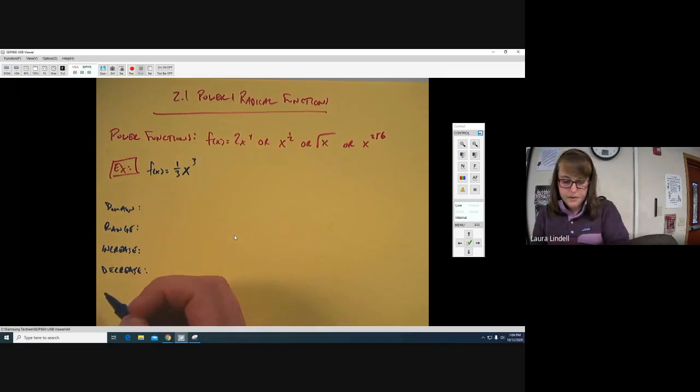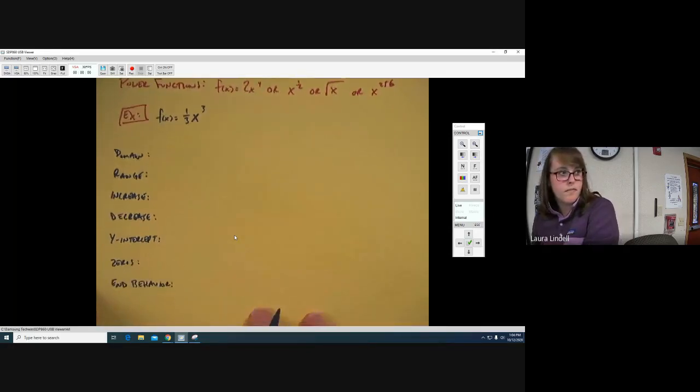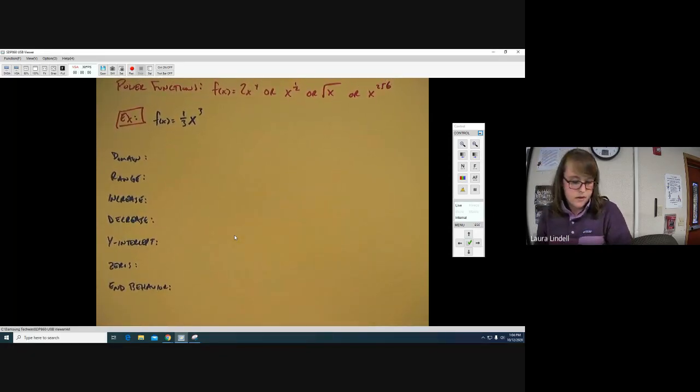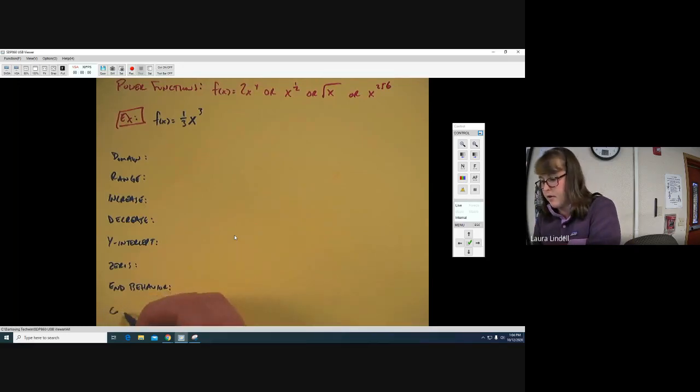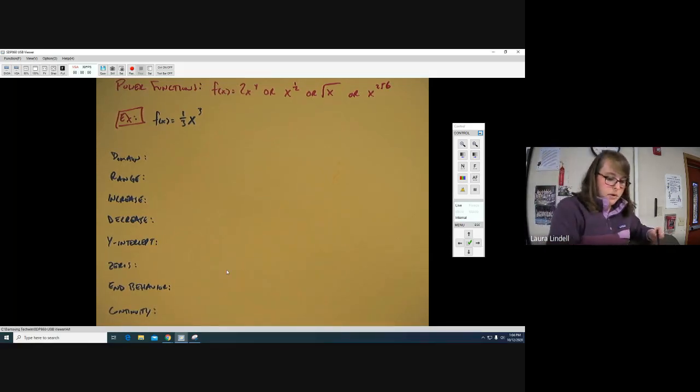The y-intercept, the zeros, the end behavior. And then continuity as well. Okay. So these are pretty much all the things that we will be asked to find.